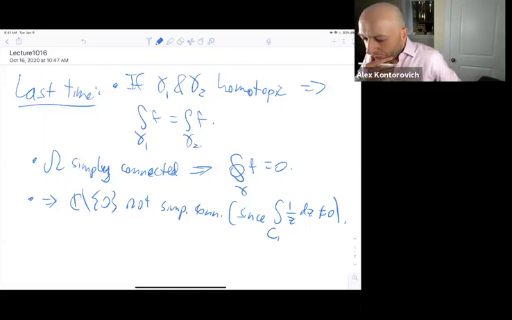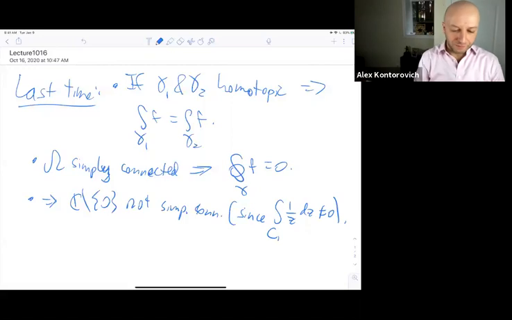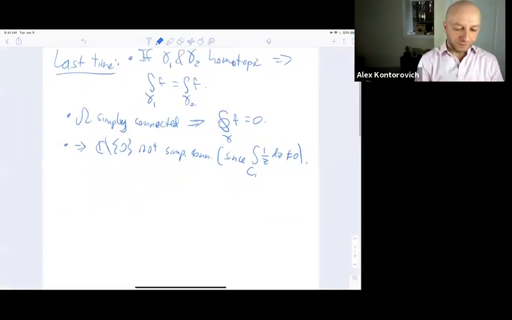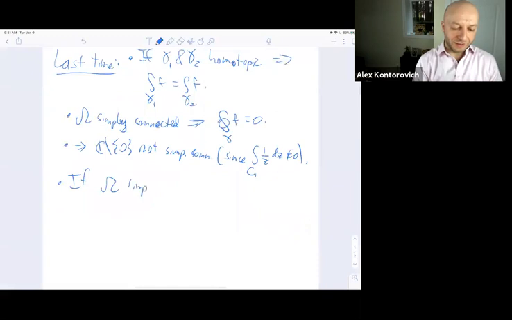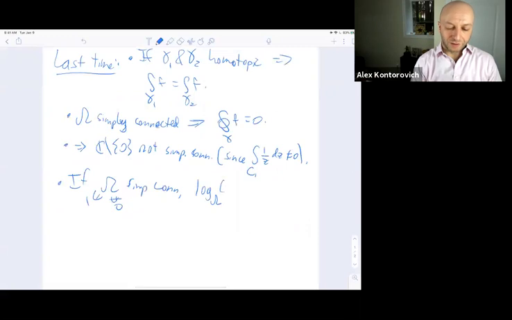And then we defined a logarithm function. So if omega is simply connected and it contains 1 and it does not contain 0, then we can define a logarithm function for omega by integrating, along any path that goes from 1 to z, 1 over w dw.